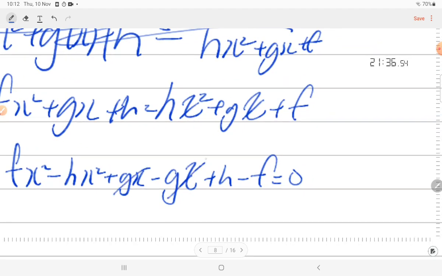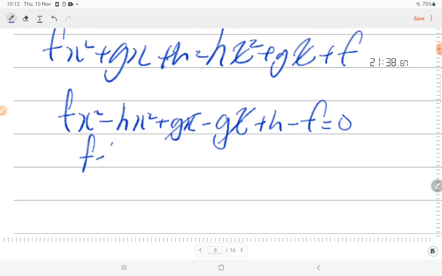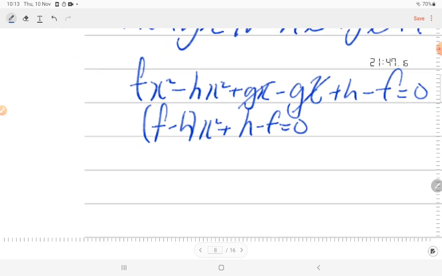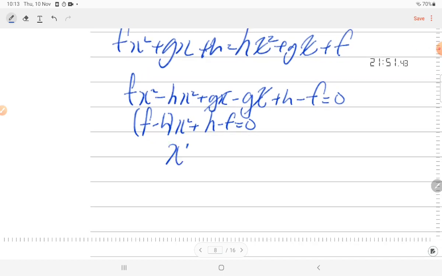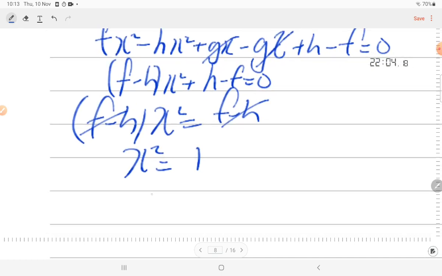Okay, so we can cross these two out. Take away h x squared plus h take away f. Actually, you can just say x squared is equal to f take away h. Squared is equal to 1 since we can just cross these. Because then x equals plus minus 1.